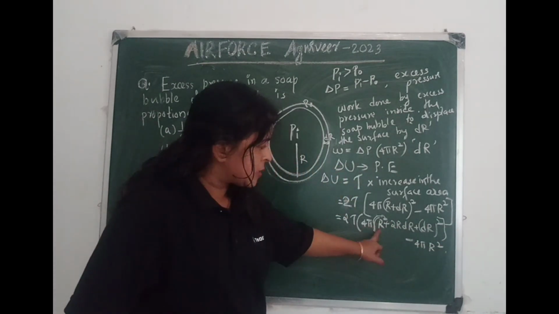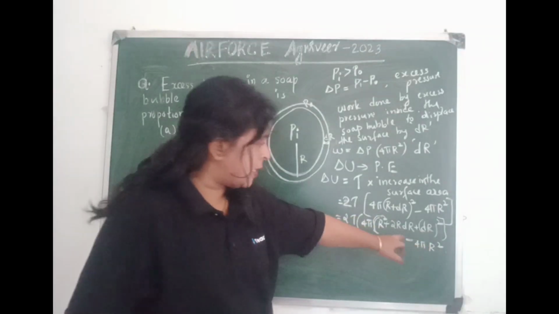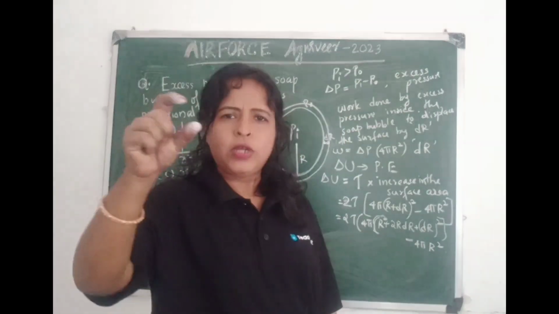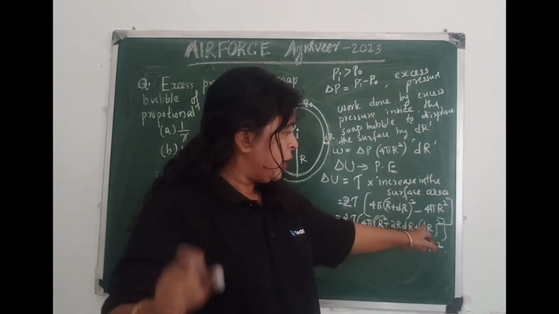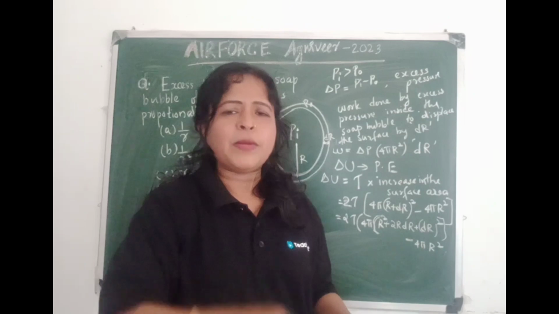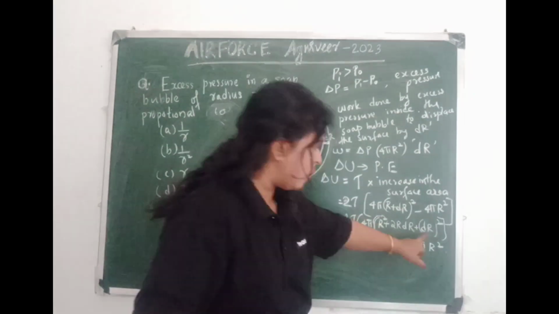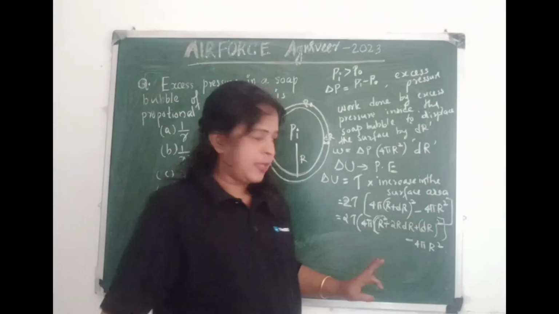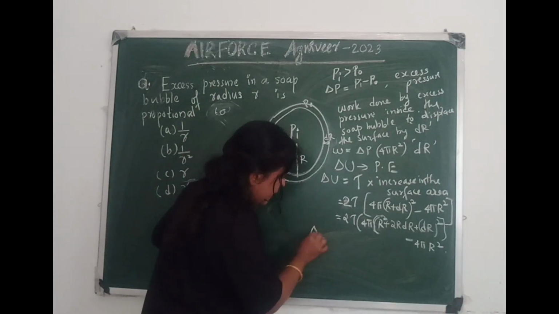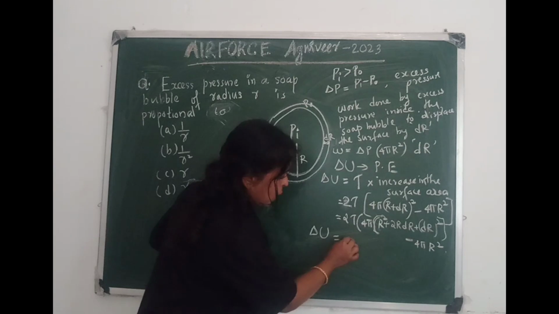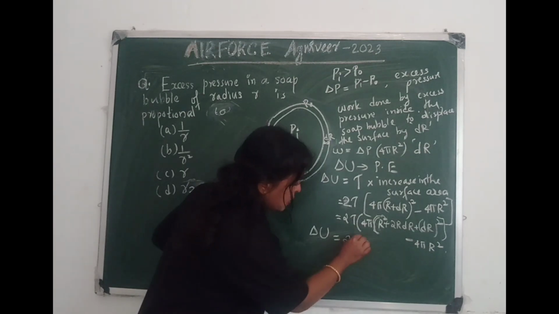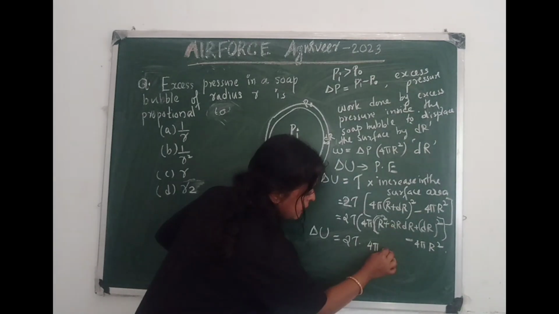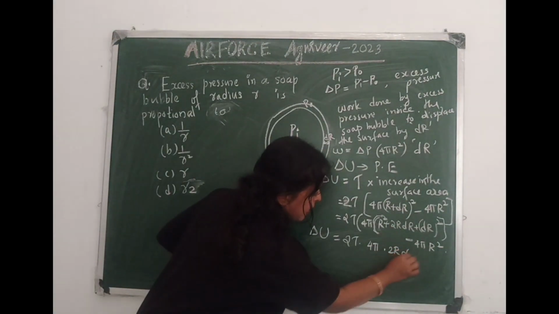The 4 pi r square terms cancel each other, and we neglect dr square because dr is very small, and its square is much less than the initial value. So finally, the increase in potential energy is equal to 2T into 4 pi into 2r dr.